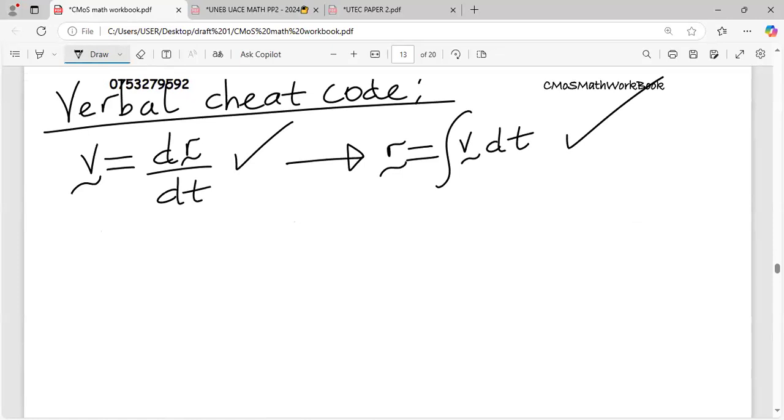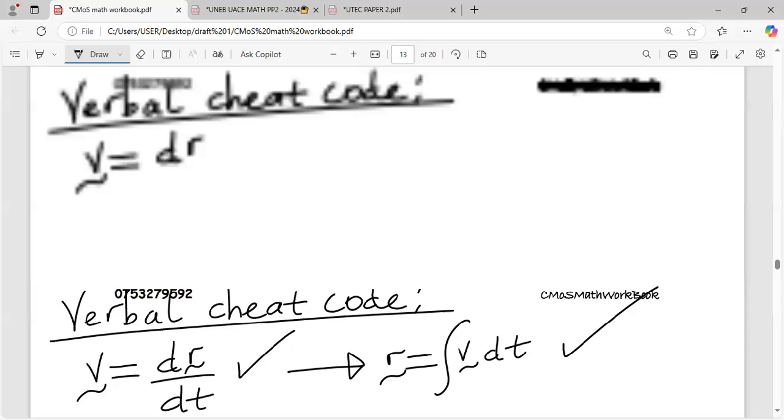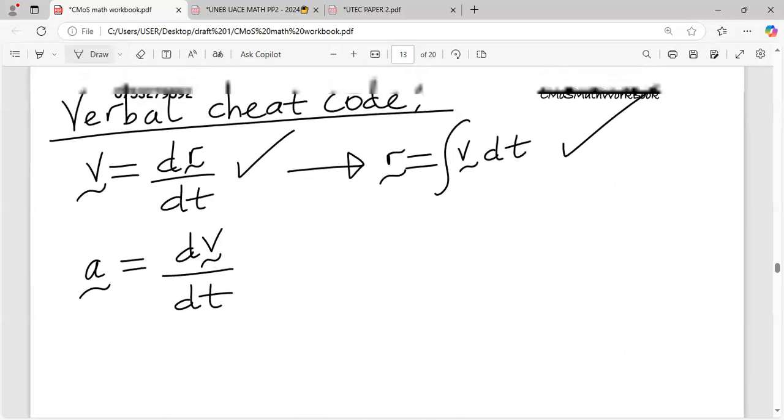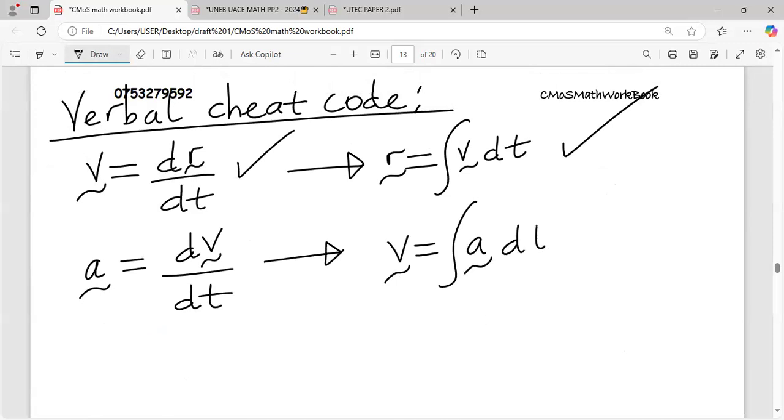Then if you know that acceleration is the rate of change of velocity, which is differentiation, then the reverse is true. Velocity is the integral of acceleration with respect to time. So what is hard there? Really, what is hard?